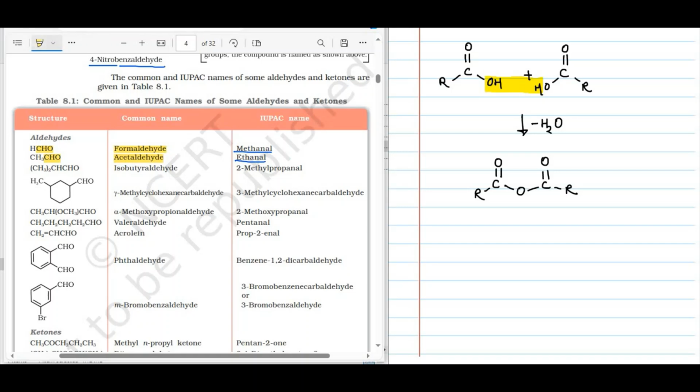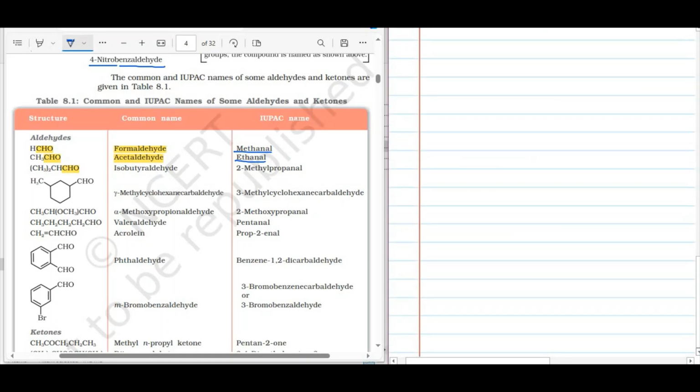Now, again there is a CHO group in the third example. Now draw the structure of this molecule. So let's draw the structure.